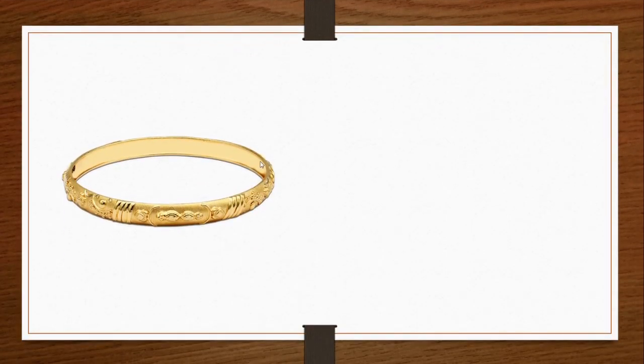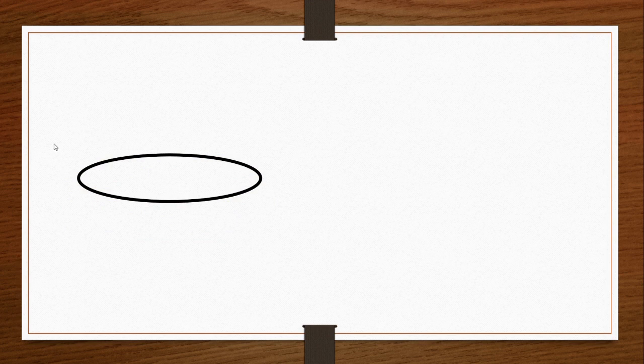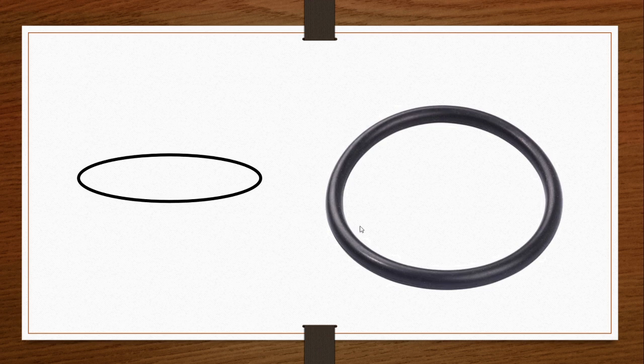Now here we can see a bangle, right? We will trace the edge of this bangle. See, with the help of pencil I am tracing here, correct? Now I will remove this bangle from the place. See, I got a round shape, right? One more here. This is a rubber tube, correct? I will trace the edge of this rubber tube.